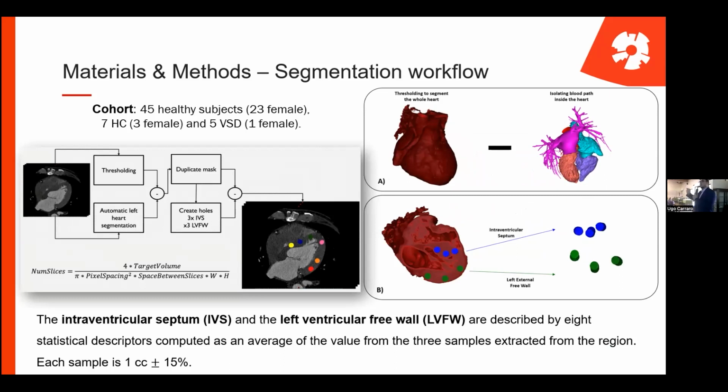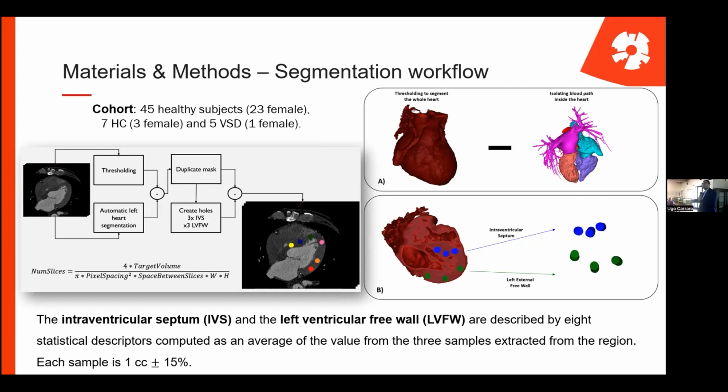The first one is the intraventricular septum, and the other one is the left ventricular free wall. We established a sample size of 1 cubic centimeter, and we related the target volume to some parameters from the images: pixel spacing, space between slices, and the number of slices that we need for that volume.